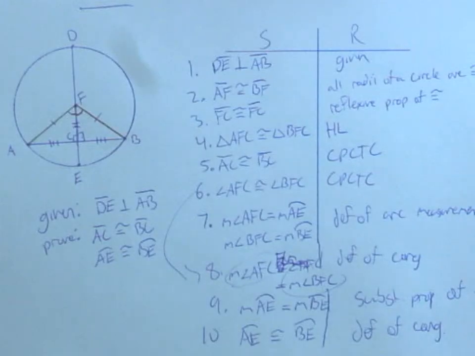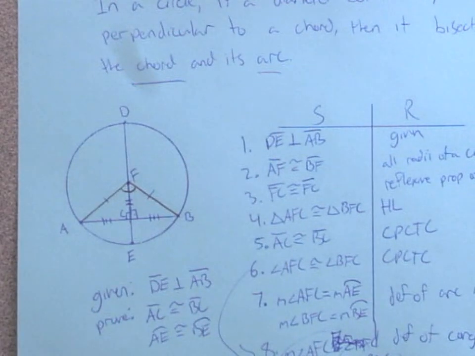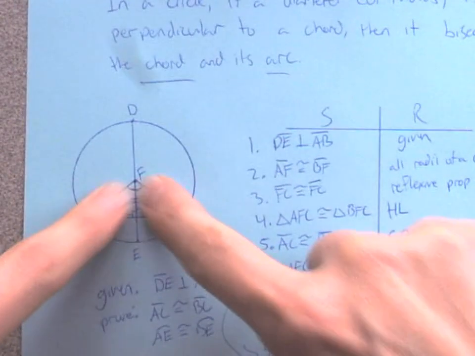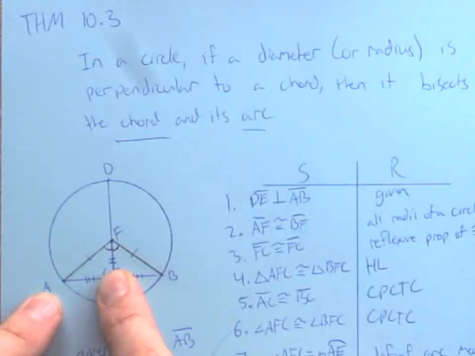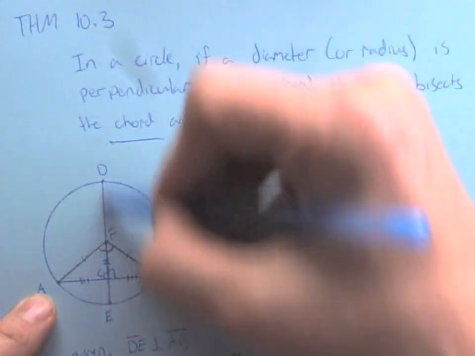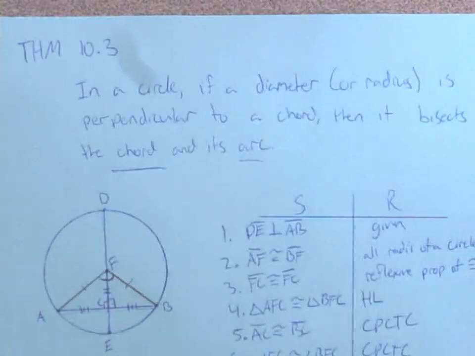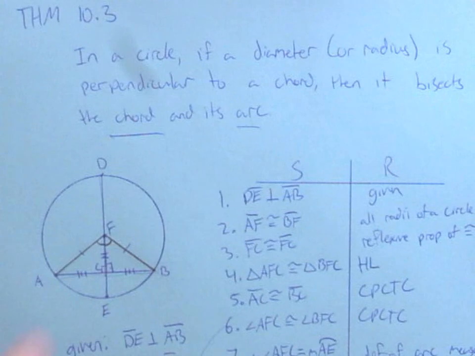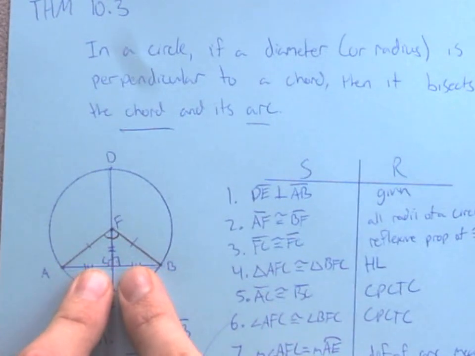Let's run through that again, just to make sure we have the right idea. We start out with basically the radius and the right angle. We have the diameter making a right angle with this segment, and then we draw the radius lines. From there we say these two triangles must be congruent. How do we know?